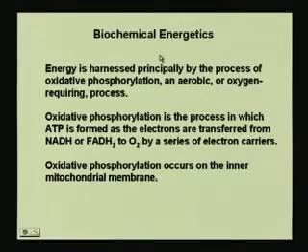When we consider biochemical energetics, usually the energy is harnessed by a process called oxidative phosphorylation.